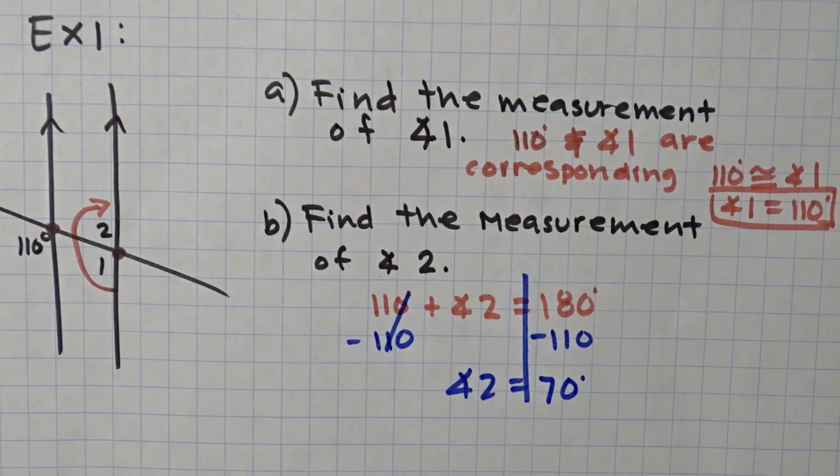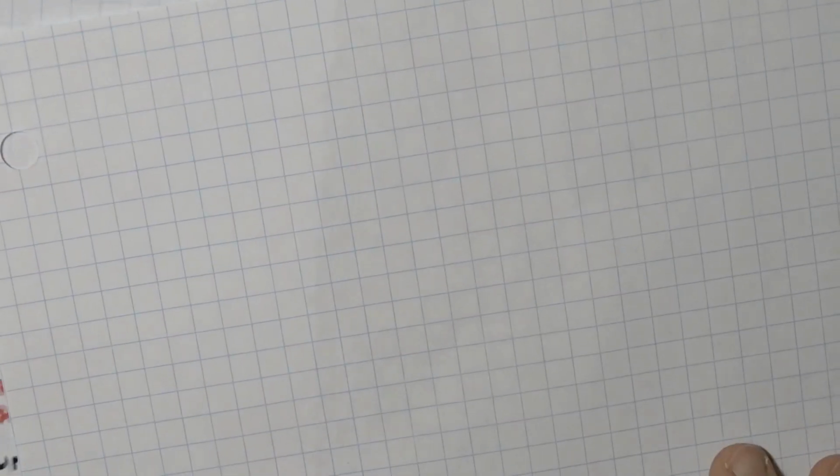All right, so that's how you use corresponding angles, making sure that the location of each angle at the intersection, if they're corresponding, then you know definitely they're the same size. They're congruent. All right, so let's look at another example. Example 2.